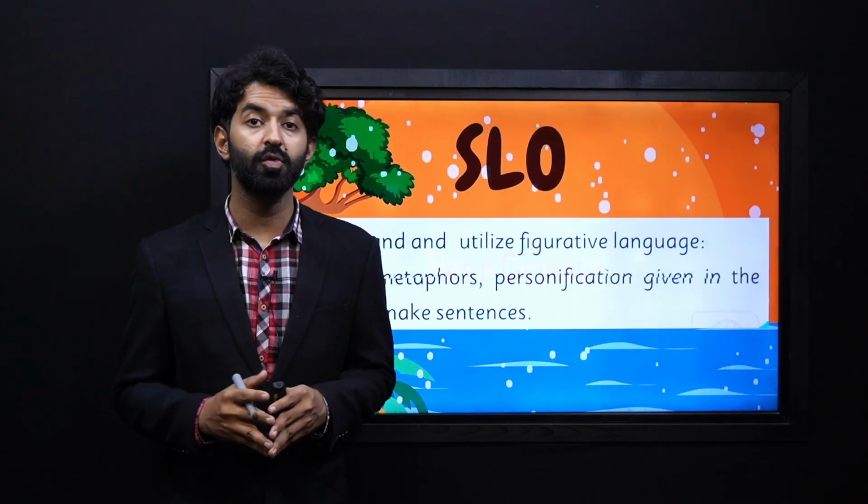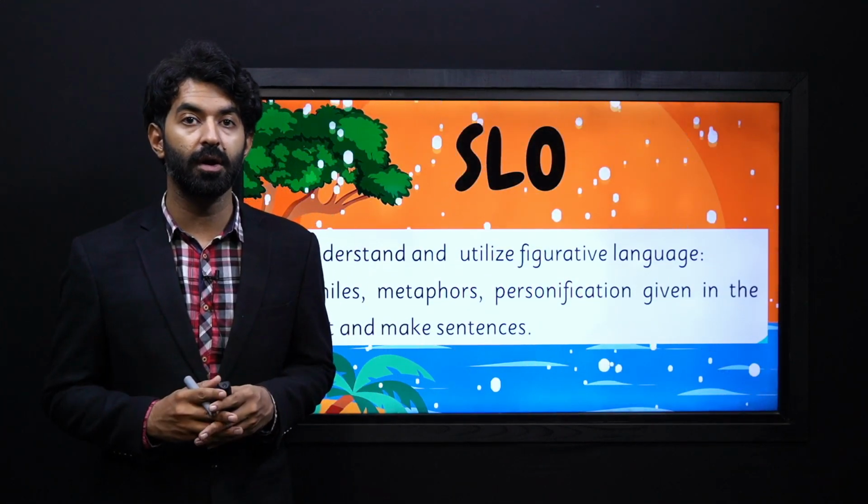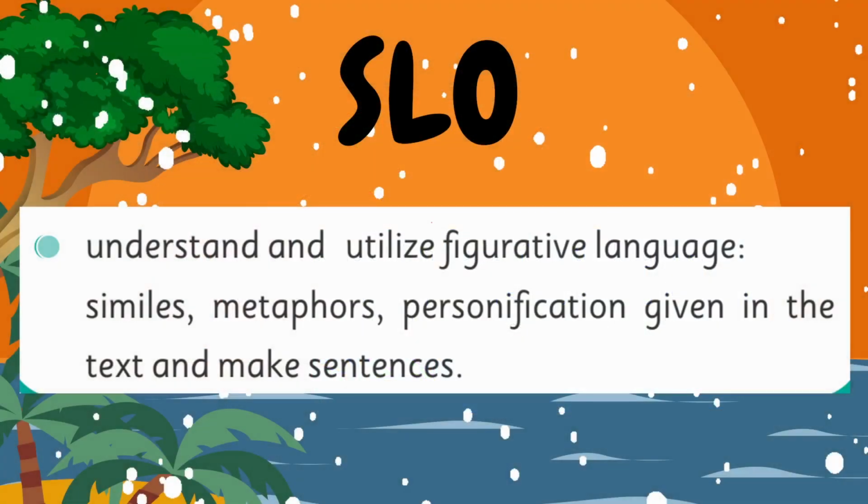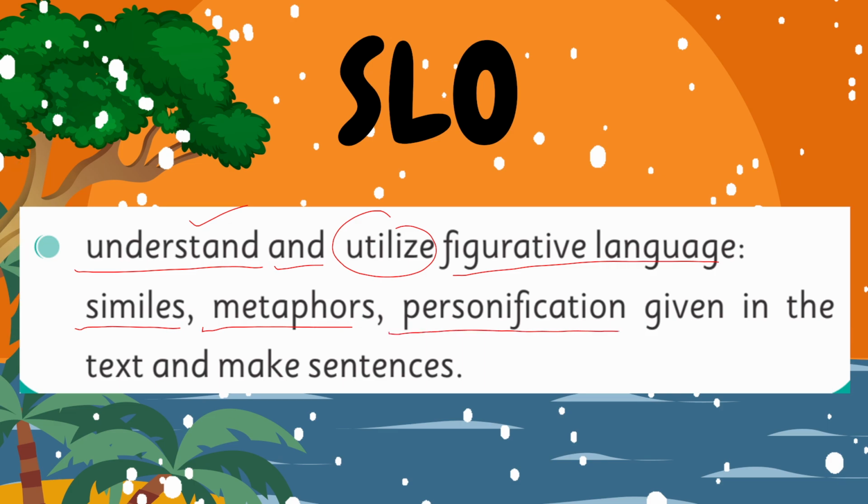For that, we are going to look at our students' learning outcome. Now, our SLO is to understand and utilize figurative language, and that includes similes, metaphors, personification given in the text, and make sentences.